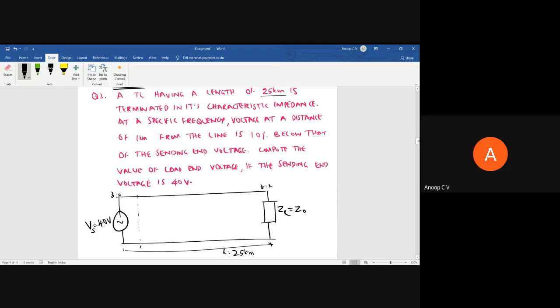If the sending end amplitude is 40 volt, V of Z equal to 1 kilometer is equal to 10% below the sending end voltage, that is actually 0.9 times Vs.